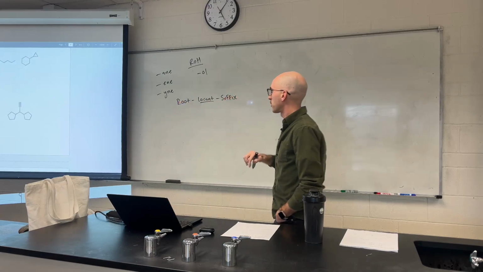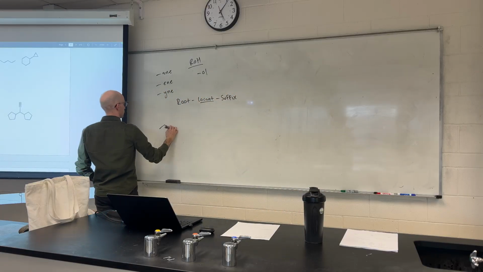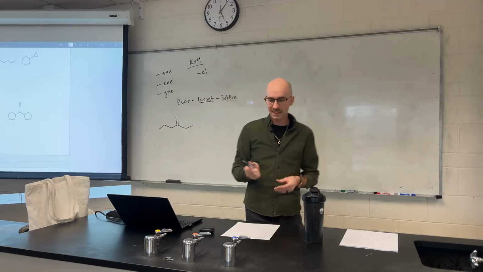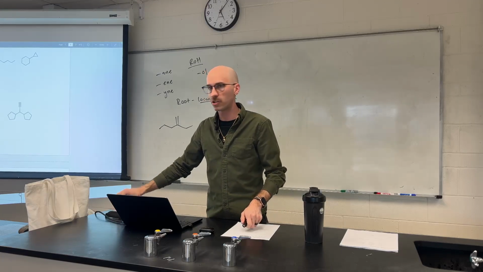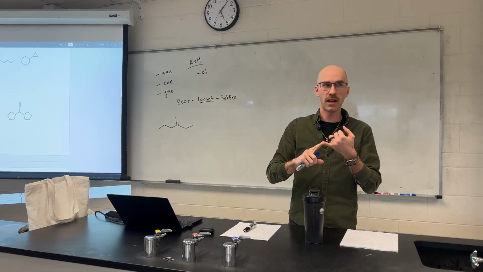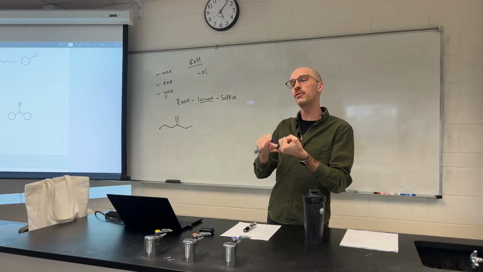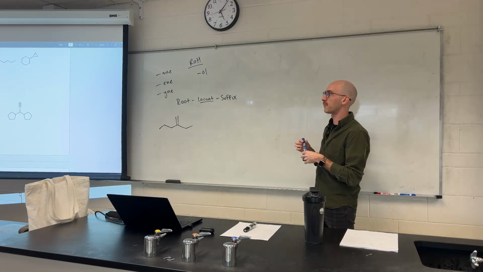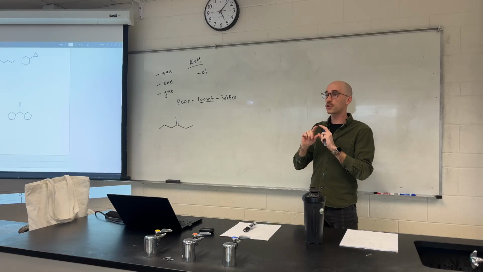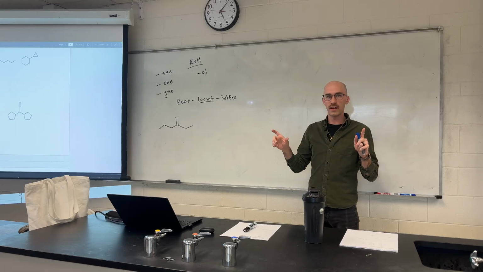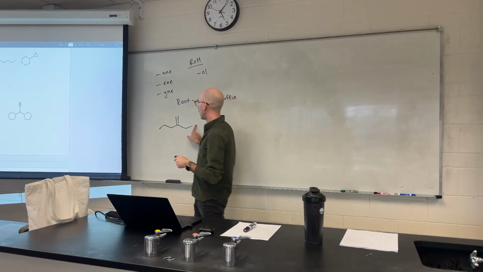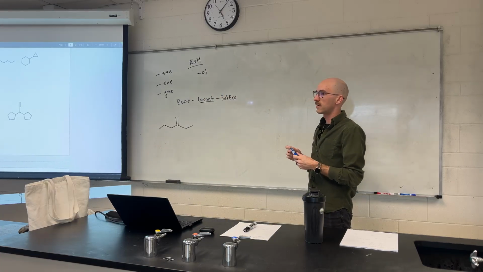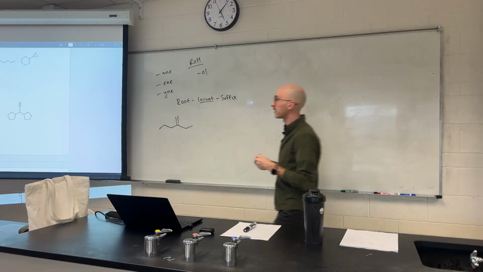So our structure on the left, we decided that the parent chain was the longest carbon chain that included the highest priority functional group. And the alkene was the highest priority functional group. So we didn't look for just the longest carbon chain. That would have been the 7 carbons going across the bottom. Instead, we went for the longest carbon chain that included the alkene.